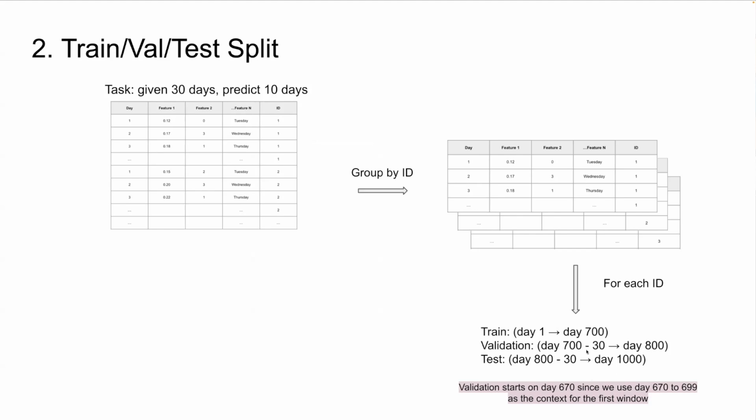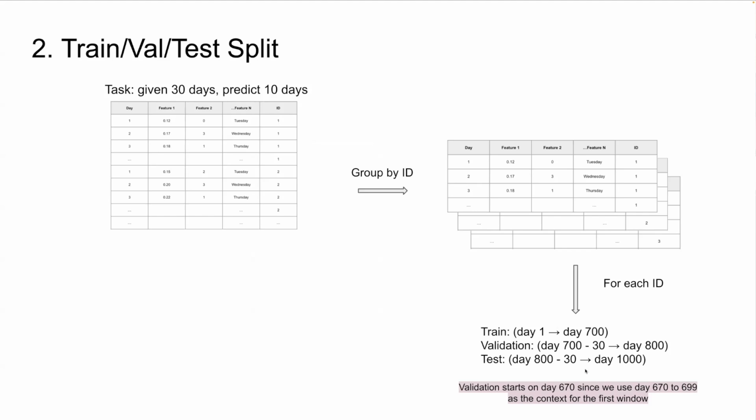So in this case, our window for the validation set actually starts at 700 minus 30, so it's 670, because we'll use the first 30 days as a context. And then we calculate the loss using the validation set.